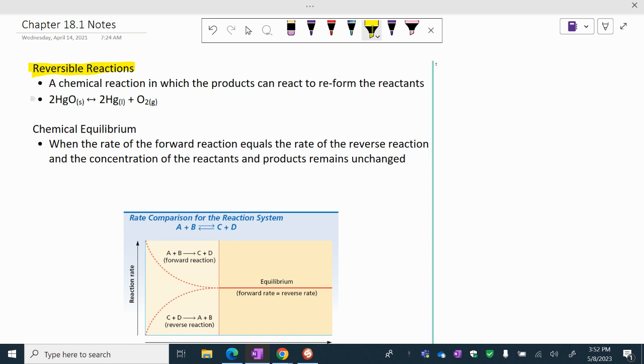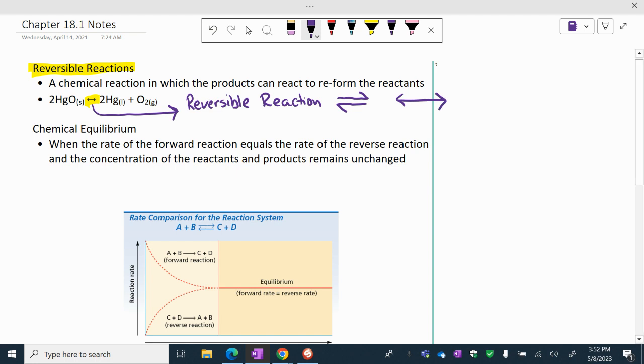When you have a reversible reaction, it is represented with a double arrow. You can also sometimes see them written like this, but there's a double arrow to show that in the forward direction, reactants form products, and in the reverse direction, products form reactants.